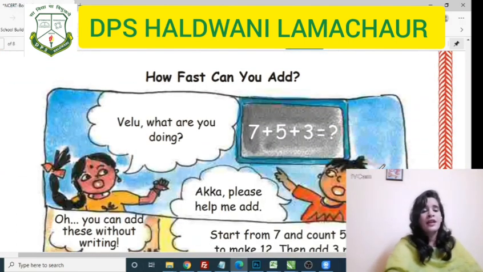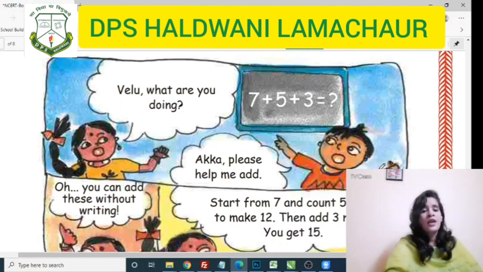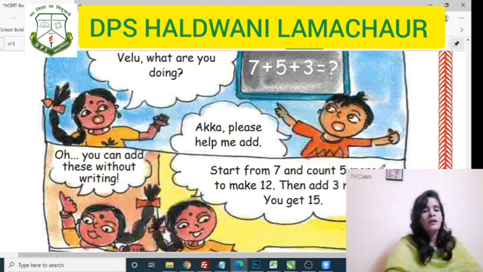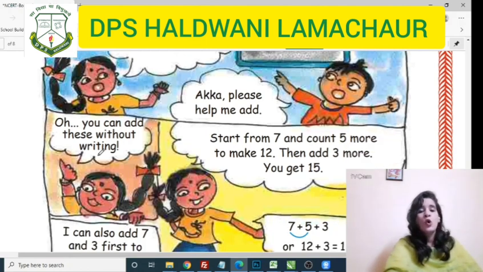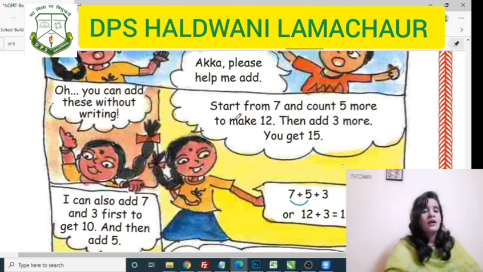How fast can you add? Belu, what are you doing? Akka, please help me add. Oh, you can add this without writing. Start from 7 and count 5 more. So, as I told you, you have to start from 7 in your mind, and you have to count 5 more.